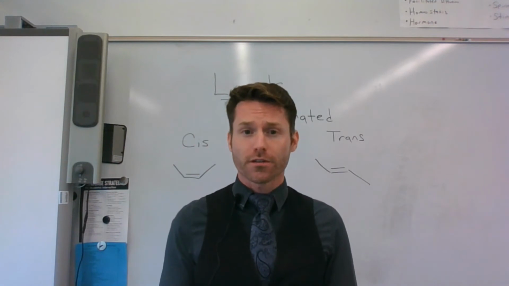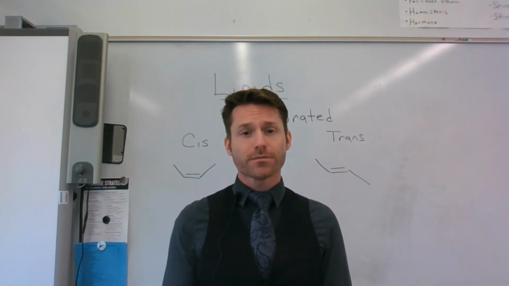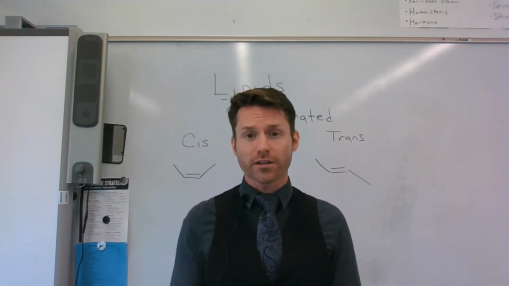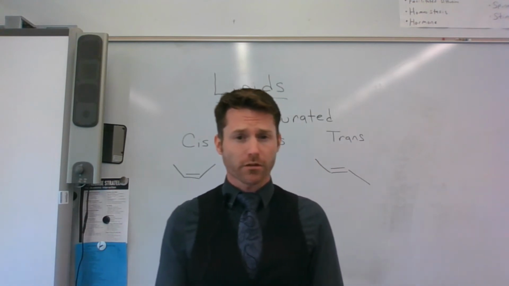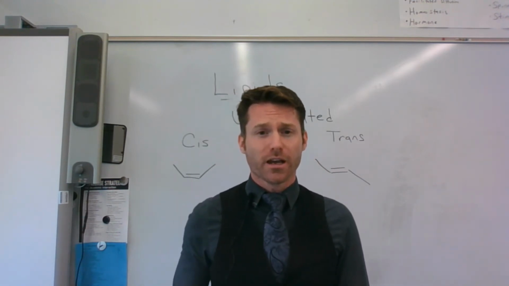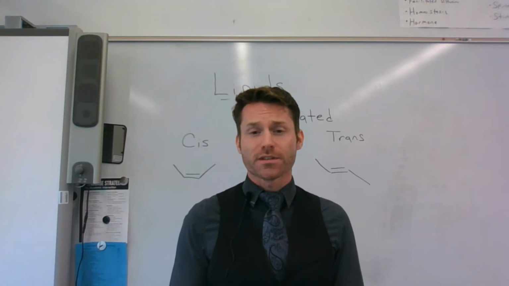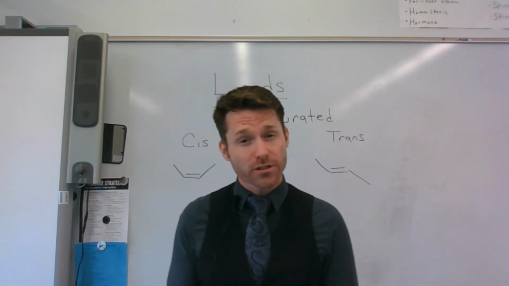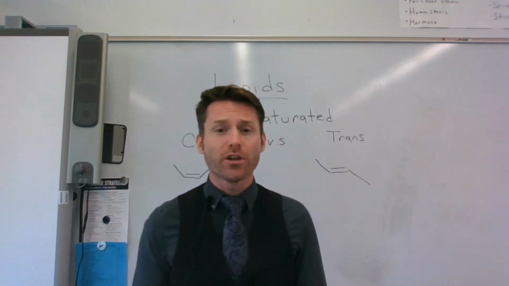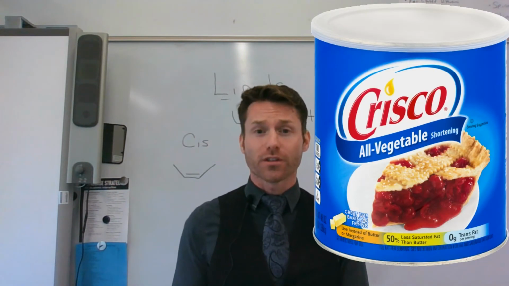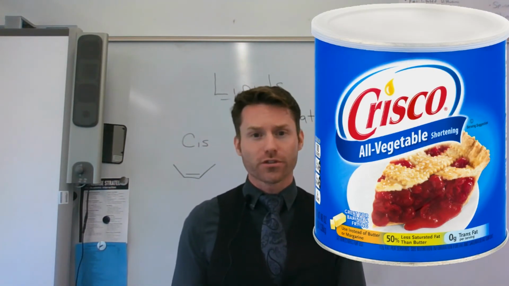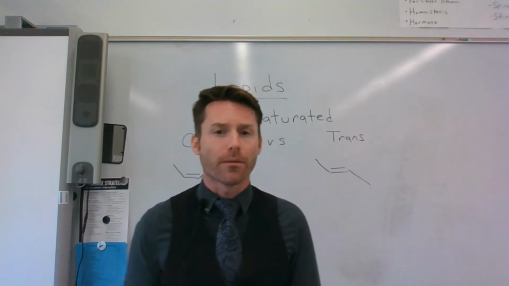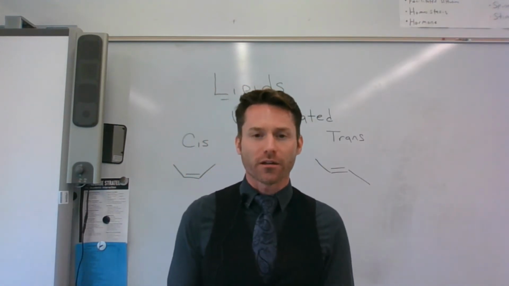It occurs through processing mechanisms that we use to create certain products, such as shortening, where we take a typically unsaturated substance that is a liquid, like an oil, and we add hydrogens to it, and we change the structure of it to make it a solid. So you make shortening. These are things that are used in baked goods and stuff.